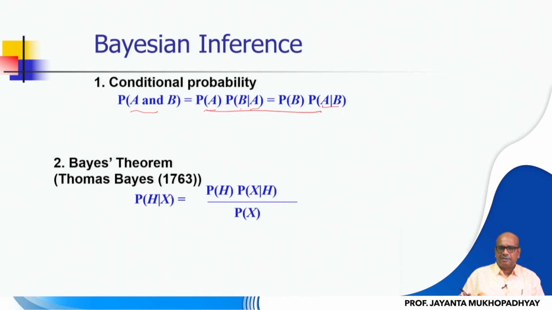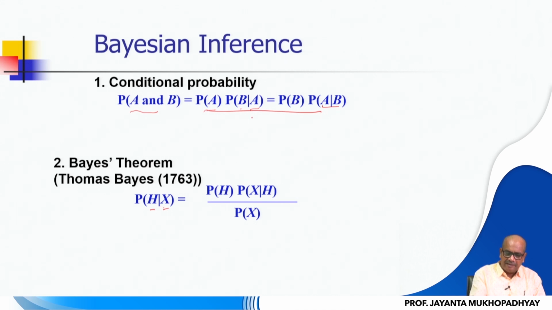So any observation belonging to class 1 is one hypothesis, belonging to class 2 is another hypothesis, and so on. So what we are trying to consider here is the probability that a hypothesis is true given the occurrence of X. So, the conditional probability of H given X.